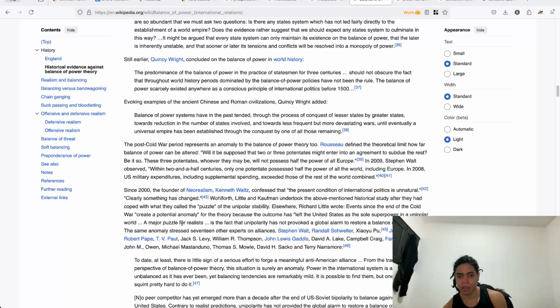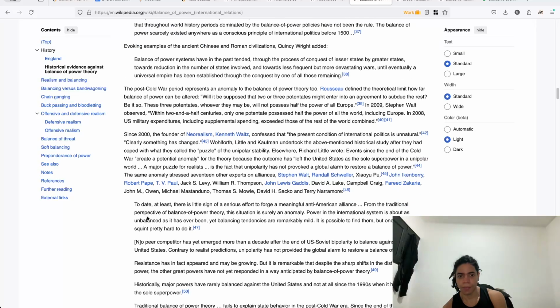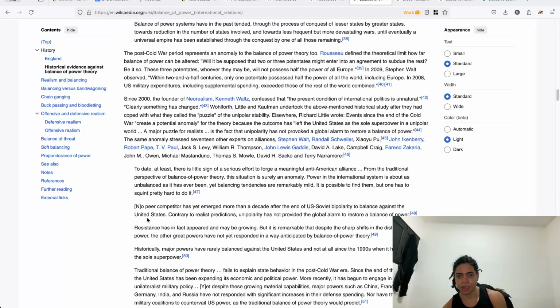The same anomaly stretches to other experts on alliances. Today, at least, there is little sign of serious effort to forge a meaningful anti-American alliance. From the traditional perspective of balance of power theory, this situation is surely an anomaly.